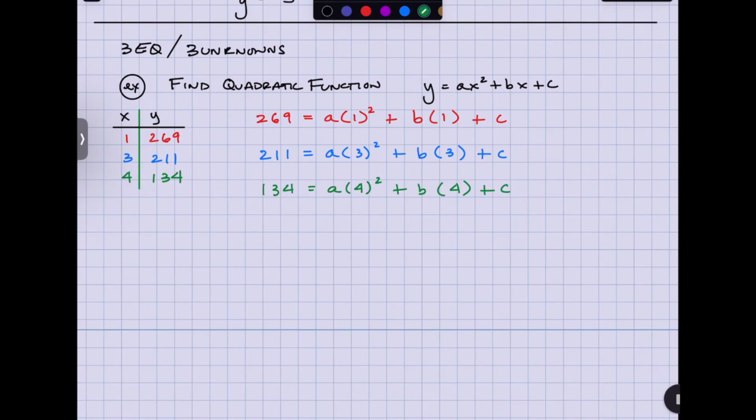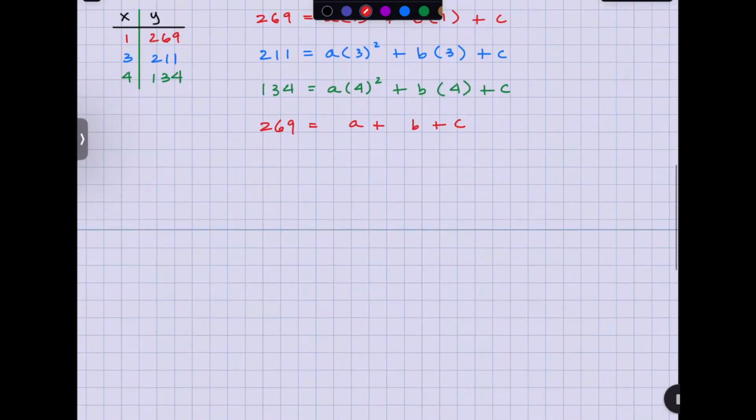Yes? Awesome. So let me rewrite these equations here. I have 269 is equal to a plus b plus c. I have 211 is equal to 9a plus 3b plus c. And I have 134 is equal to 16a plus 4b plus c.